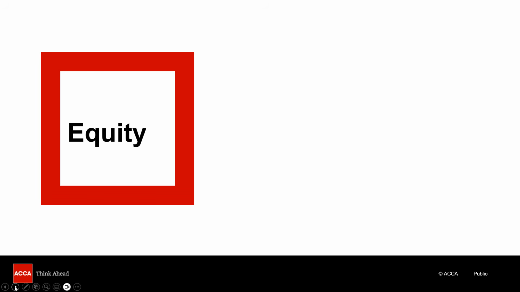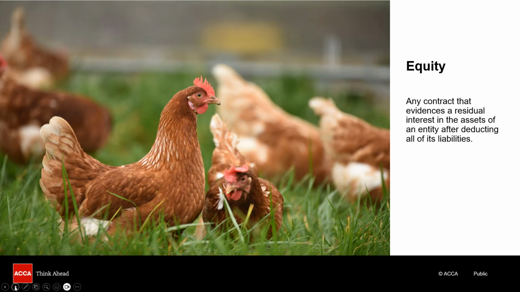Equity. When we are issuing financial instruments to raise finance, we can think of them as either being borrowings, debt, raising money that we have to pay back, or we can think of giving away a slice of the business. Yeah, issuing shares, issuing equity. And both of them are similar in that we are receiving money to raise finance, but the accounting treatment is very, very different.